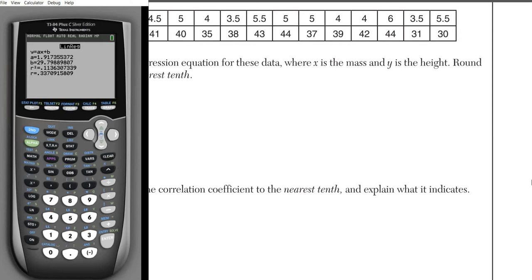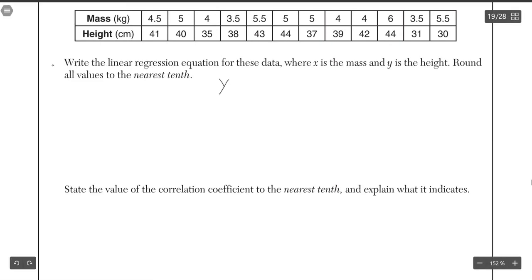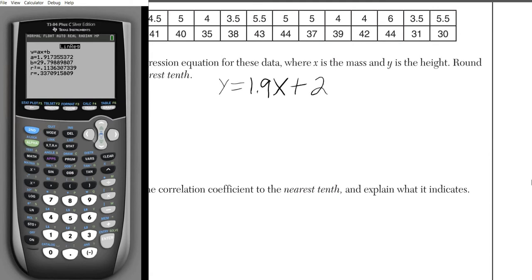So it's going to be y equals 1.9x plus 29.8, since they told us to round it to the nearest tenth. So y equals 1.9x plus 29.8.